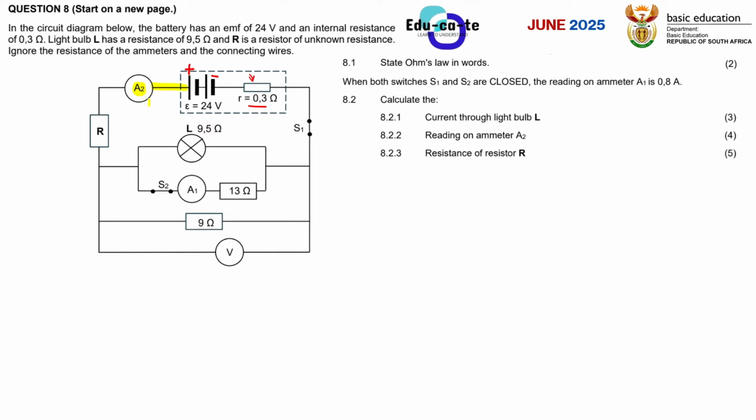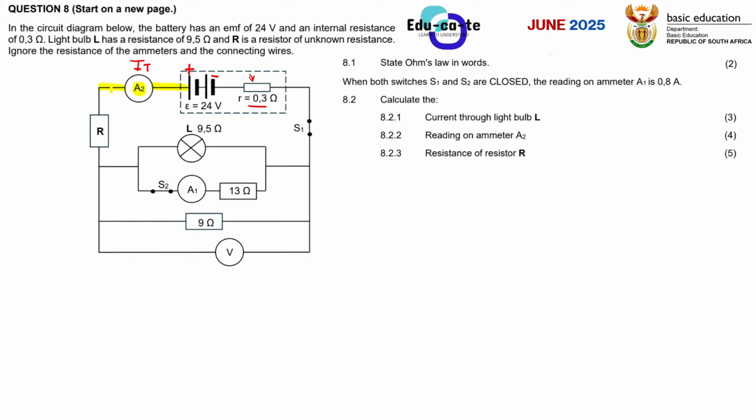So what type of current is this ammeter A2 measuring? The total current, because this is the current that is coming straight from the battery. It hasn't been divided. It has not been split. Nothing has happened to it as of yet. So this yellow current is the total current that is being measured by ammeter A2. I'm just going to write next to it that the current through this ammeter is the total current, so that you guys understand.